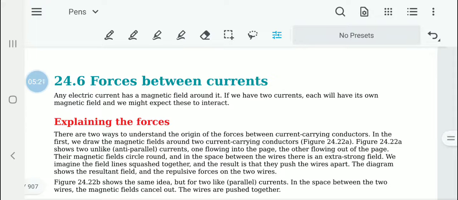When two conducting wires are considered, the magnetic fields that would be generated as a result of the flow of electricity through them would have an effect on one another.